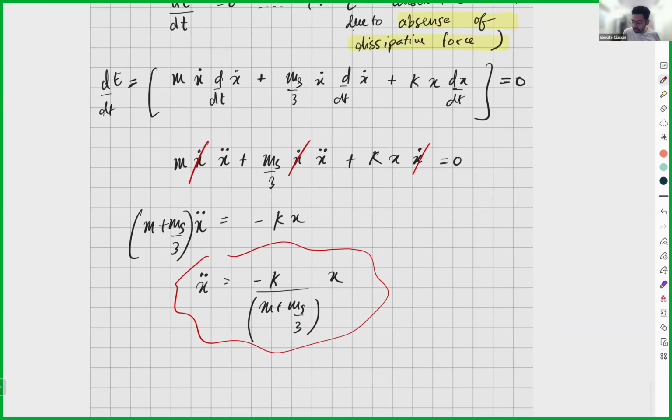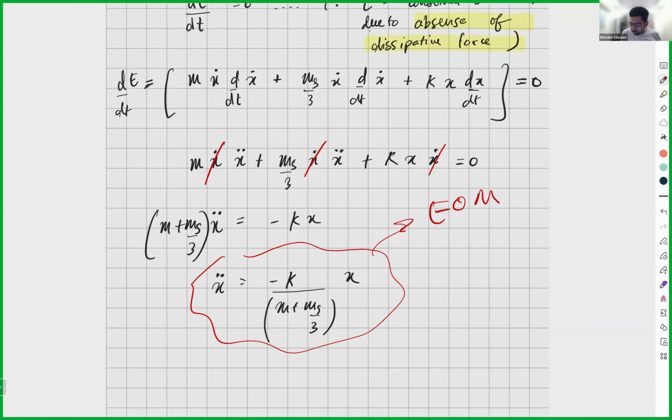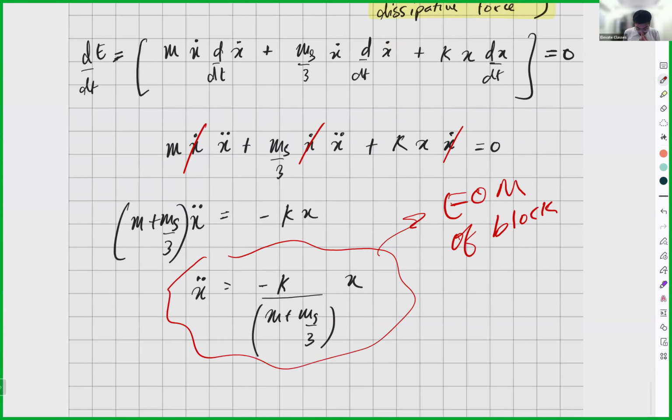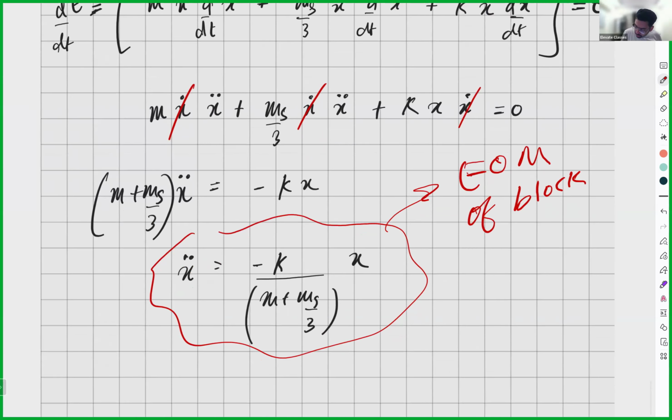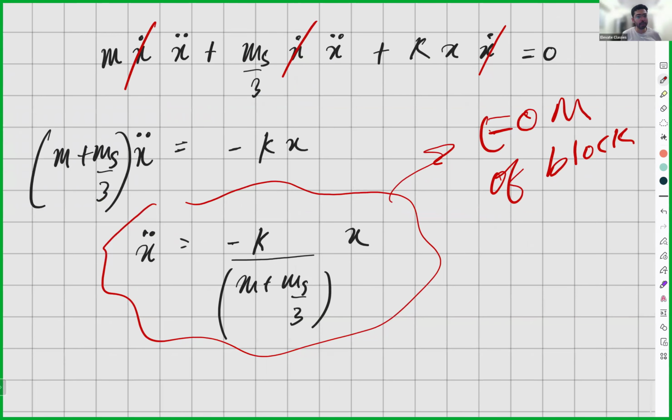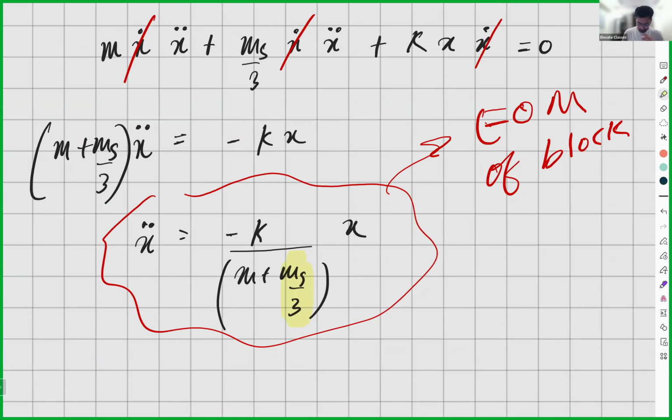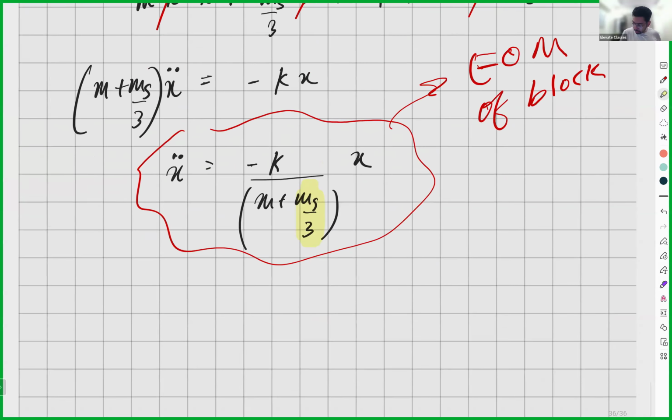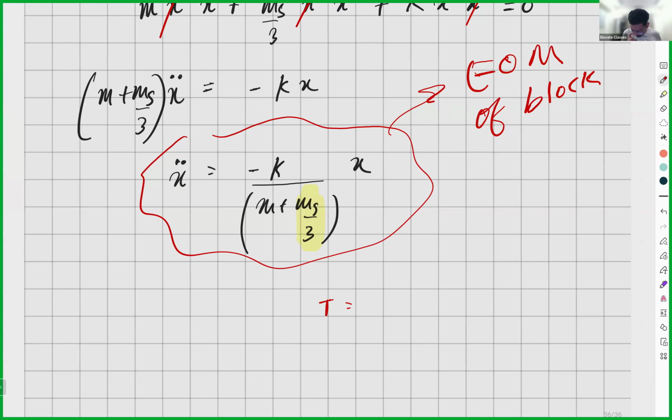This is nothing but the equation of motion of the block, not the spring. Automatically you see that there is a contribution of the mass of the spring into the equation of motion of the block. So obviously now it's very easy to extract the time period of the system. Of course the time period of the system now will become 2 pi root.